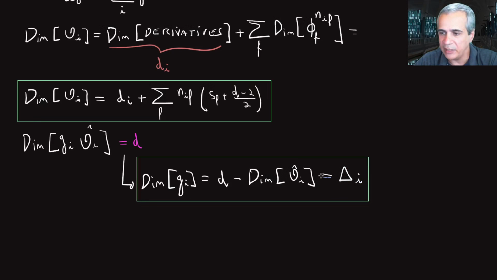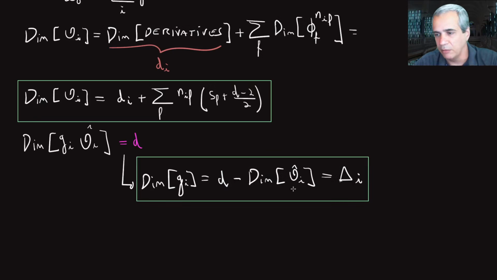You get that by comparing the dimension of the operator that generates it, and that's easy to figure out if you know the dimension of the fields themselves. You're just multiplying fields. And you compare the dimension of the operator with the dimension of spacetime. If the dimension of the operator is bigger than the dimension of spacetime you're working with, then delta will be negative, and your interaction will be non-renormalizable.